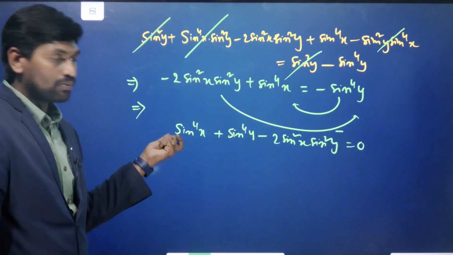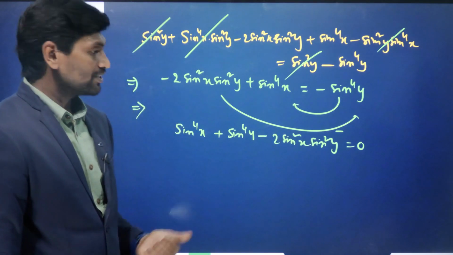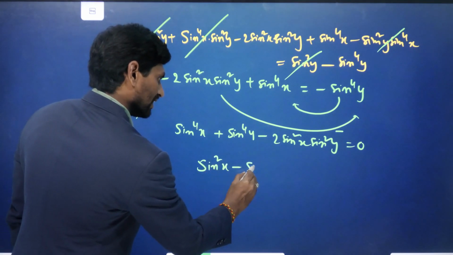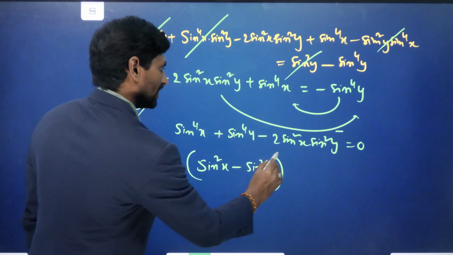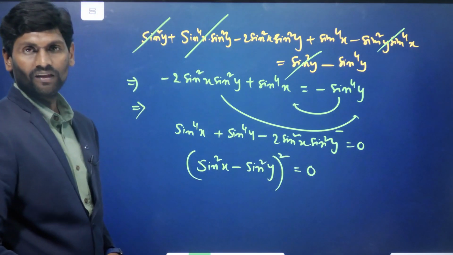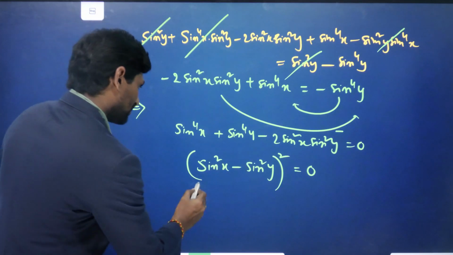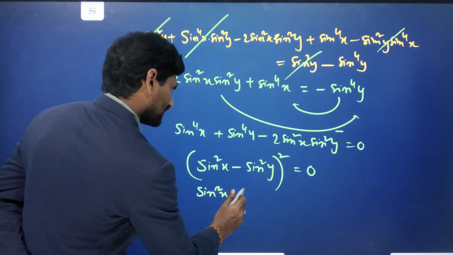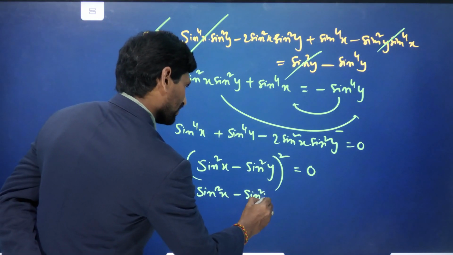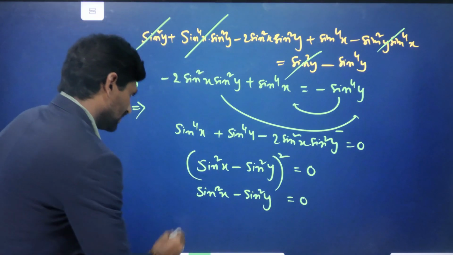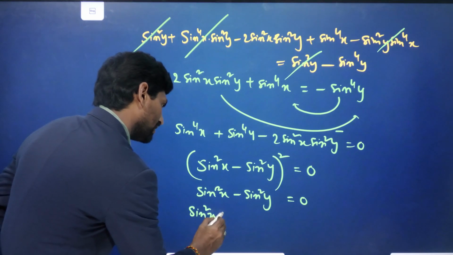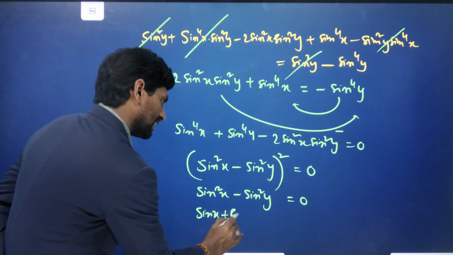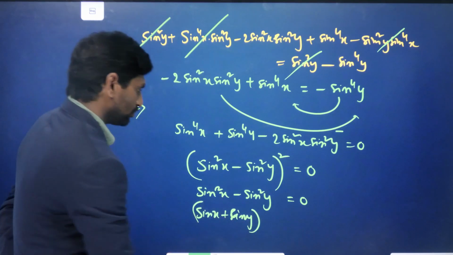Now this entire term is in the form of a square plus b square minus 2ab formula. So (a minus b) whole square, that means (sin square x minus sin square y) whole square is equals to 0. That means sin square x minus sin square y is equals to 0, in the form of (a plus b) into (a minus b): (sin x plus sin y) into (sin x minus sin y).